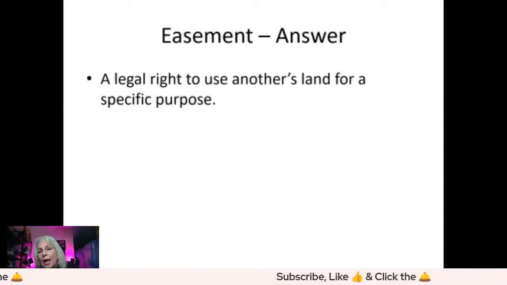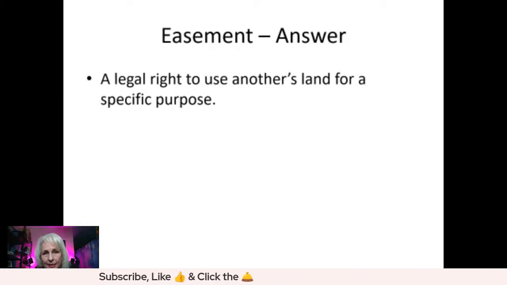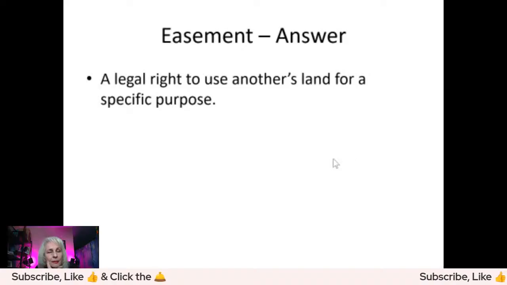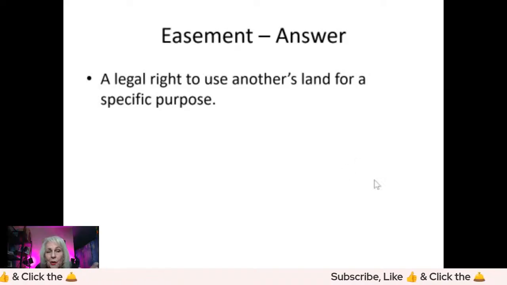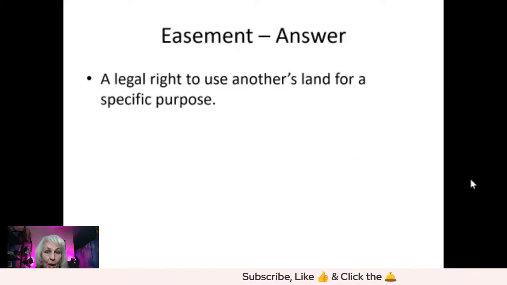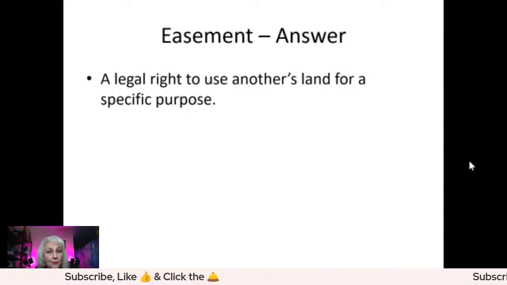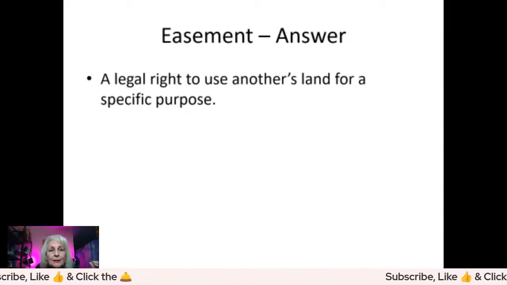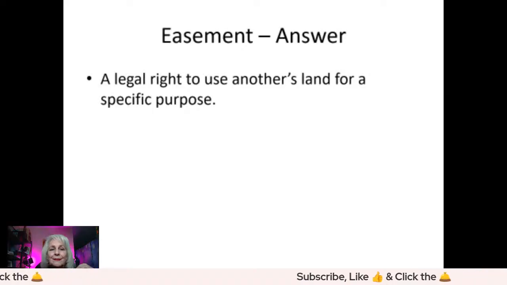So it's a way for the utility companies to access those utilities. And that easement belongs to the owner. However, they're giving the right of way to those utility companies to access the property. So it is a legal right to use another's land for a specific purpose.